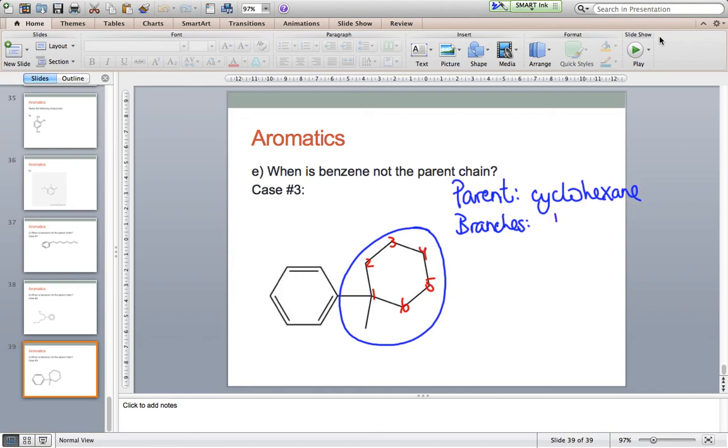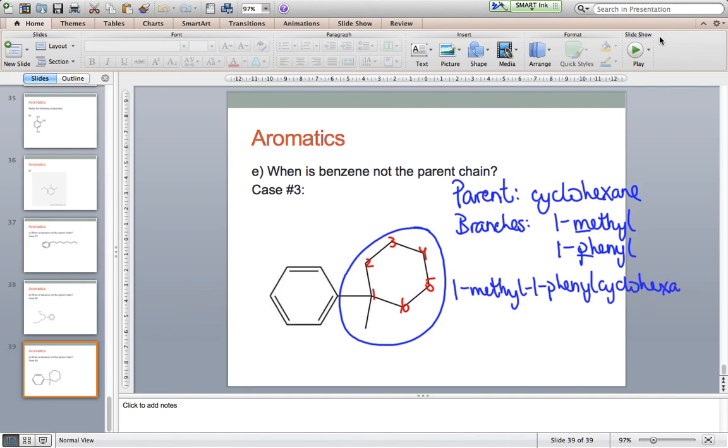We've got a methyl branch and our friend benzene ring, which we call a phenyl branch. Putting this together, remembering to alphabetize: 1 methyl, 1 phenyl, cyclohexane.